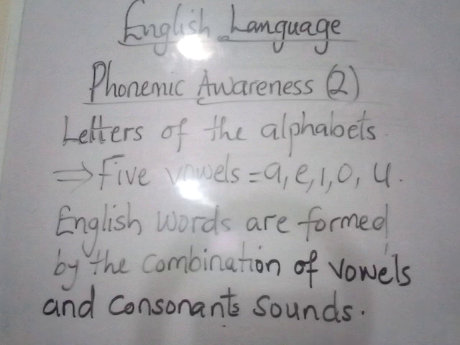It's always a combination of vowels and consonants that form words in English language. So back to what I was saying. In today's lesson, we are going to consider some aspects of this phonemic awareness. The first one we'll be looking at is called segmentation. Okay, that's the first one we're going to look at.